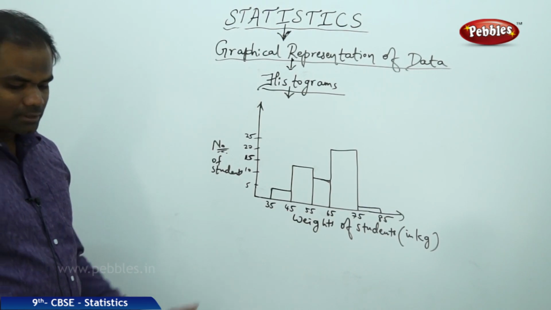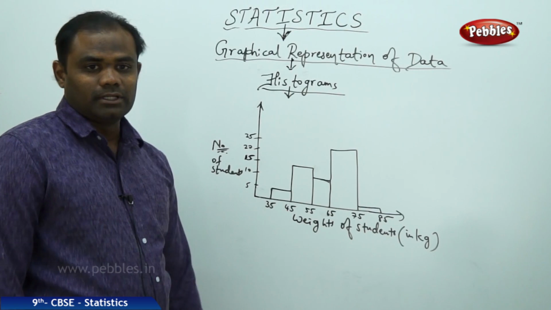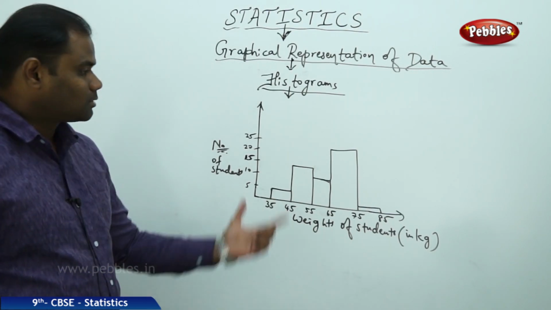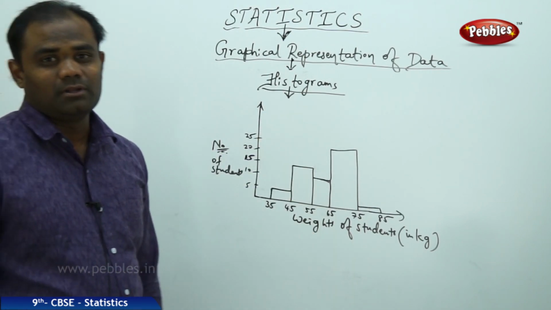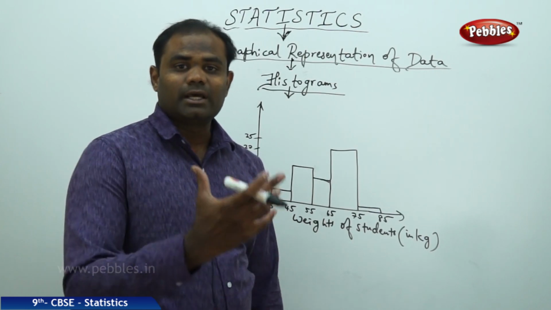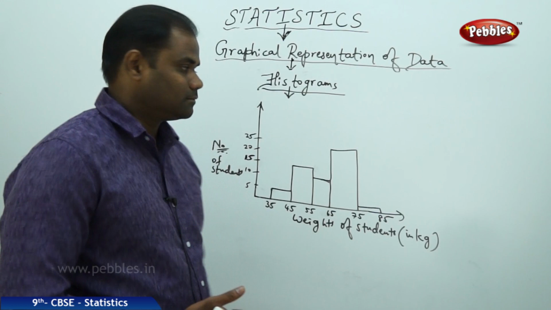Say for example, this is my weights in kilograms and this is number of students. Let's try to convert this into a frequency table and understand how a histogram helps me in analyzing the frequency table and the data itself.